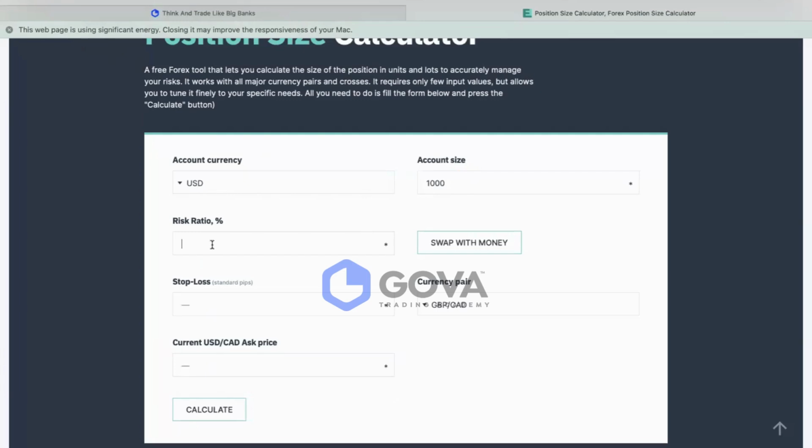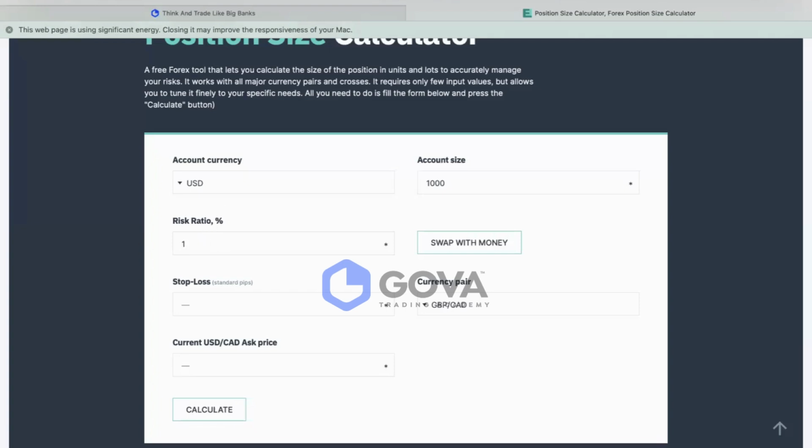Now, how much do you want to risk on one trade? Remember, I told you not to risk more than 1% on one trade, maximum of 2%. Personally, I like using 1% to risk on my trades. So you can put 1% here.